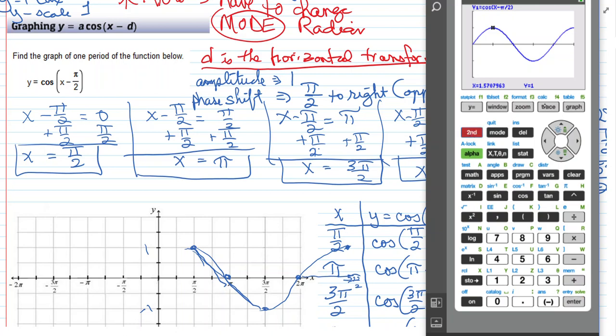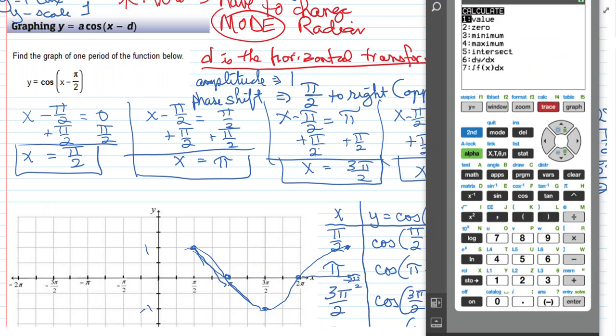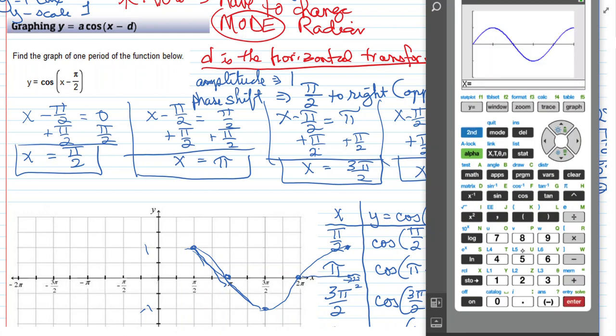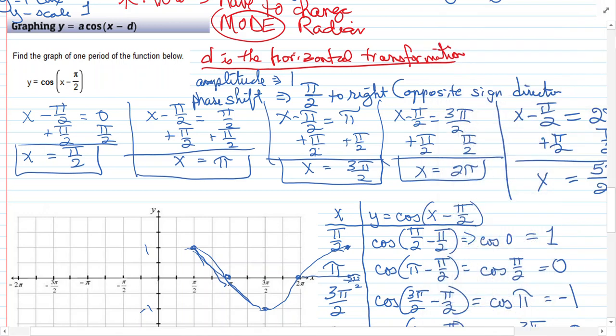Then it's going to end at 5 pi divided by 2. I'm going to do second calc value, and I'm going to do 5 pi divided by 2, and I get that in extremity, and there you have it. So that was a good one to do on the calculator.